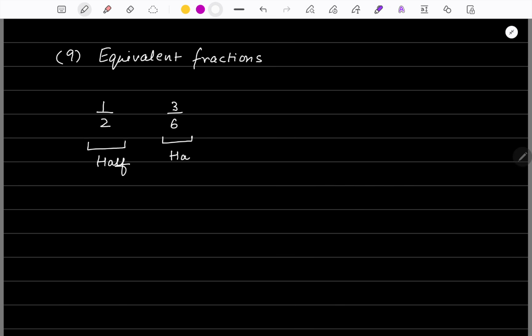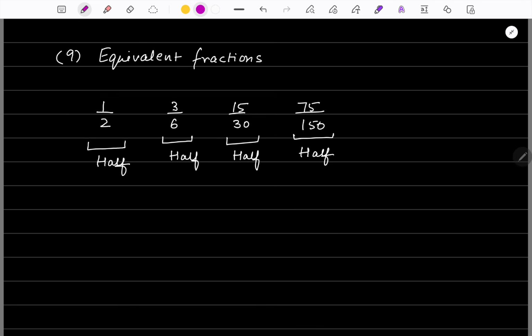So again this fraction is representing half of the whole because 6 is the whole. 15 by 30. 15 is half of 30. So again the same part of the whole is being represented, and similar is the case with 75 by 150. So these are examples of fractions where the numerator is representing the same part of the whole, and here it is half.